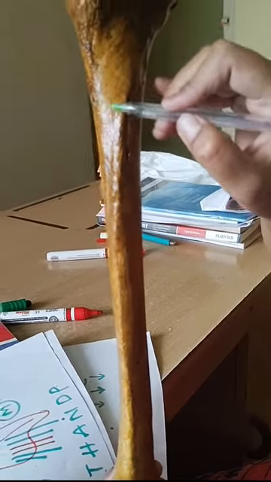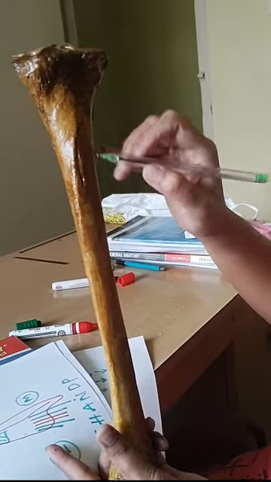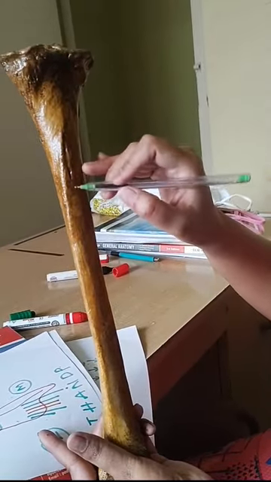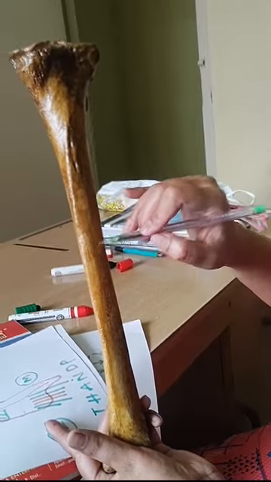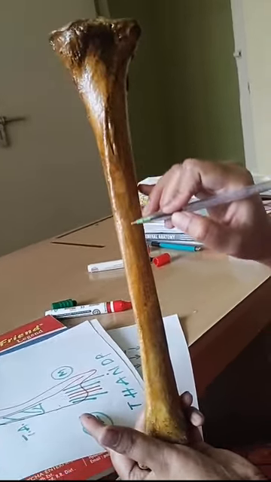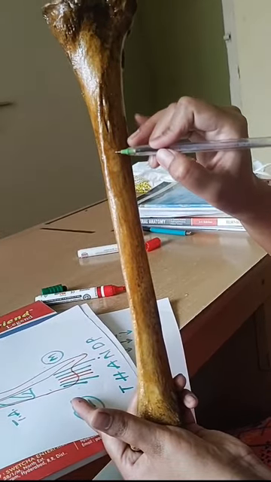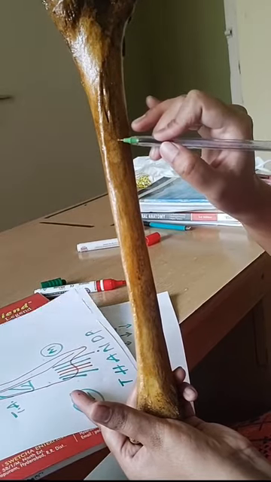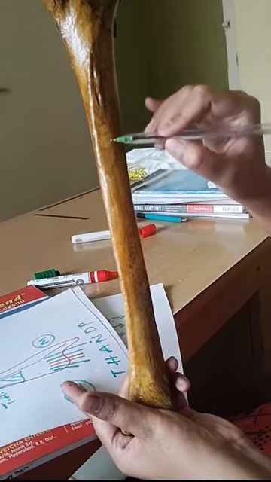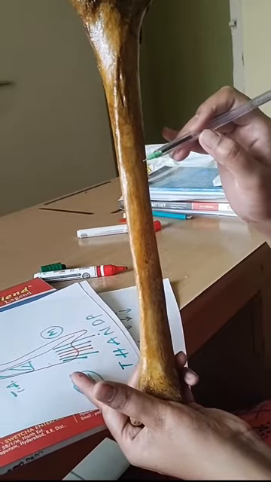Below this line, the surface is divided into medial and lateral areas by one vertical line. You can see this vertical line. This vertical line divides this lower surface into medial and lateral parts.